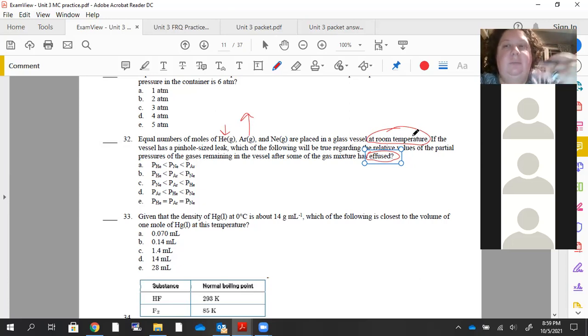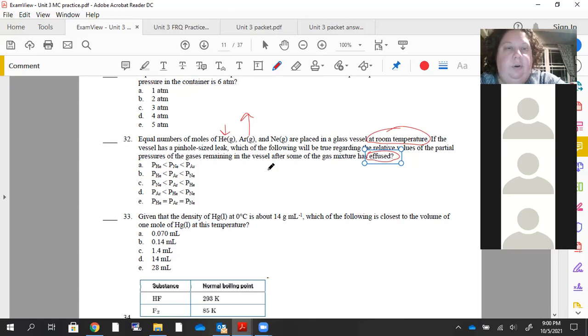So after some time has gone on, a lot of the helium is going to have leaked out of this container. Maybe some of the neon, but probably barely any or much less of the argon has been able to leak out. So after some time has passed, the majority of what's left in that container is going to be argon, which means it's going to be providing most of the partial pressure of that container.